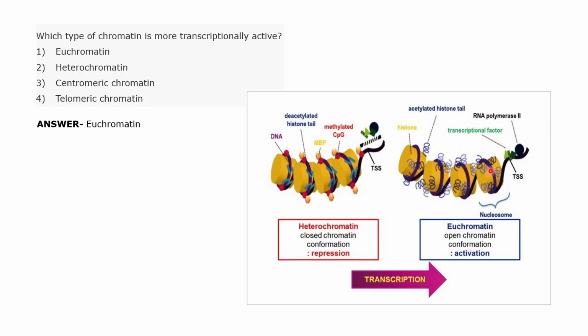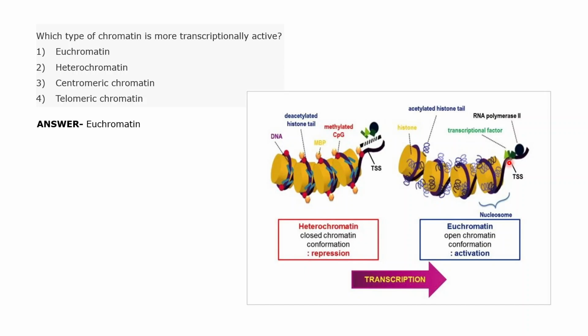Once transcription needs to happen, demethylation happens, and some of the histone tails get acetylated. When these modifications happen, the DNA becomes loosely bound to the histone complexes. This stage is called the euchromatin stage, and it is transcriptionally more active, because the chromatin is in an open conformation.